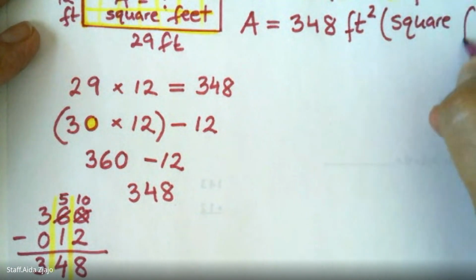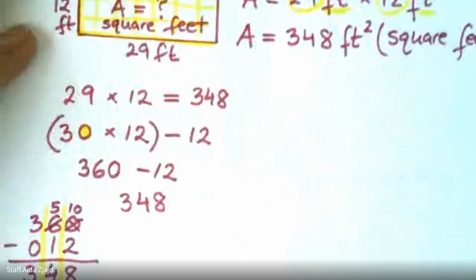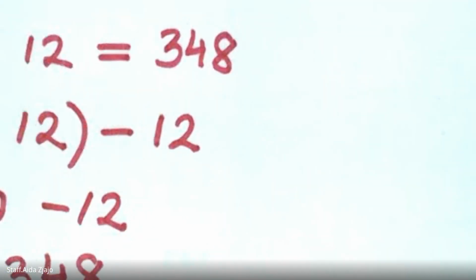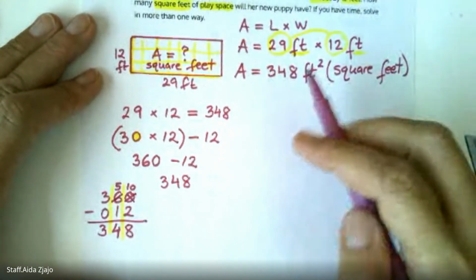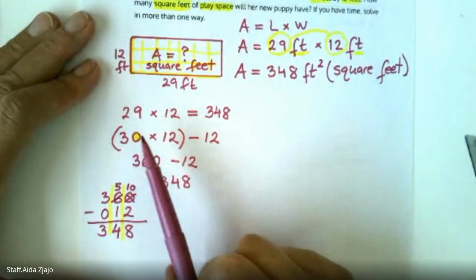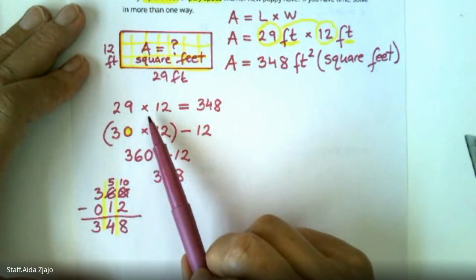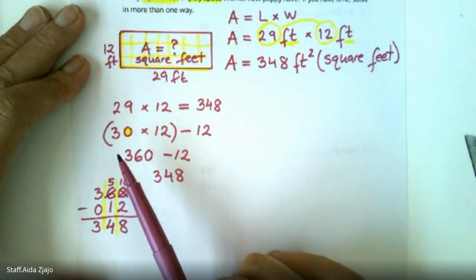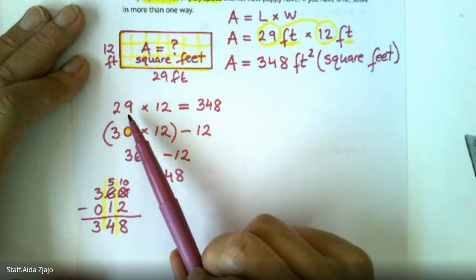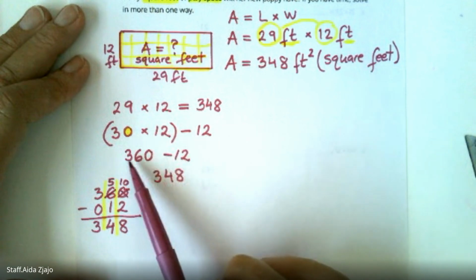Square feet. Okay, that is, oops, you couldn't see, sorry, I needed to make it smaller. All right, so what I did here, if you didn't see, I'm sorry: 29 groups of 12. We used the compensation strategy. We think 30 groups of 12. 3 times 12 is 36.